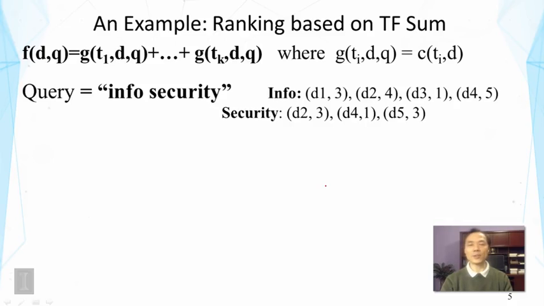So let's take a look at a specific example where the query is information security. And I show some entries of the inverted index on the right side. Information occurred in 4 documents and their frequencies are also there. Security occurred in 3 documents. So let's see how the algorithm works.